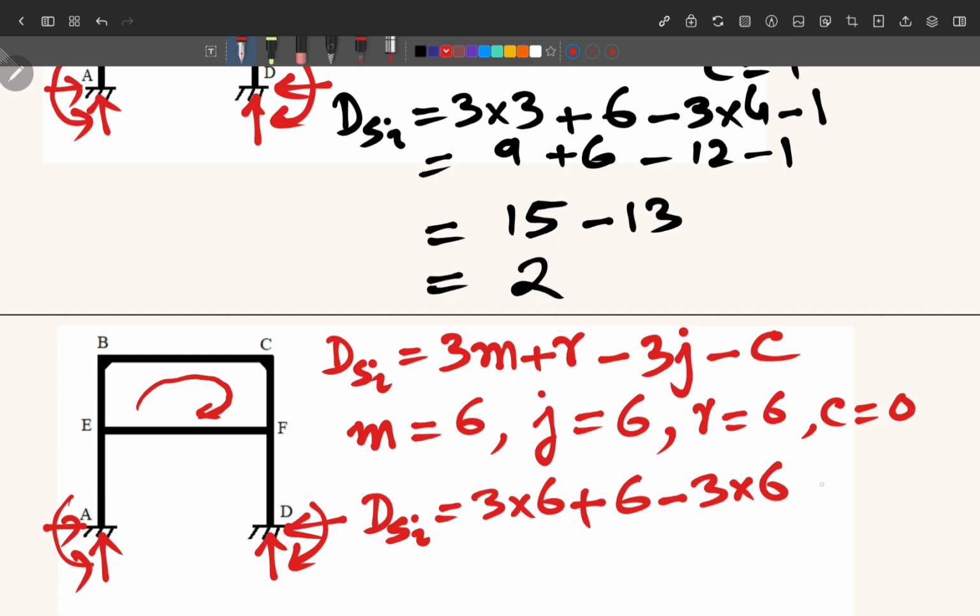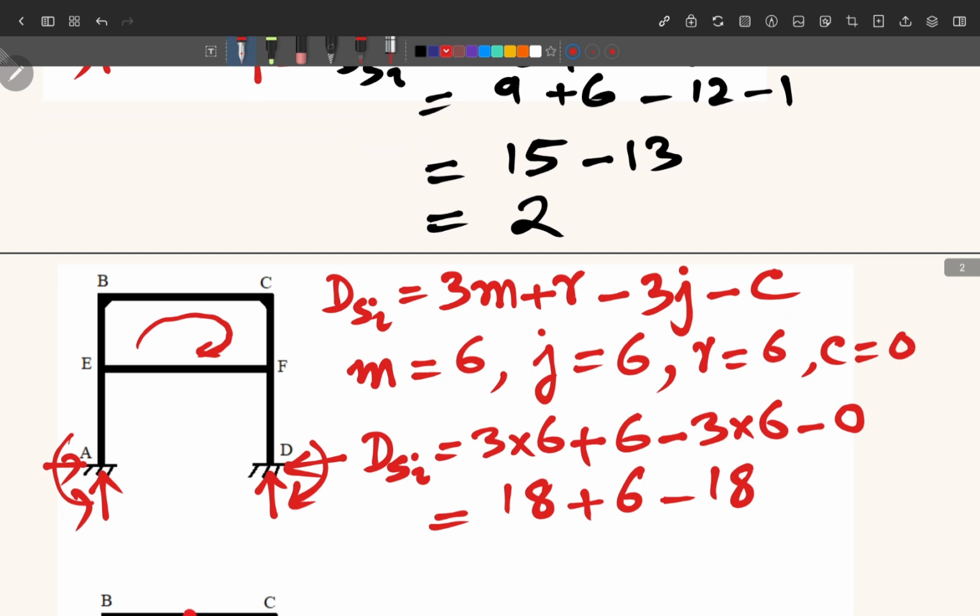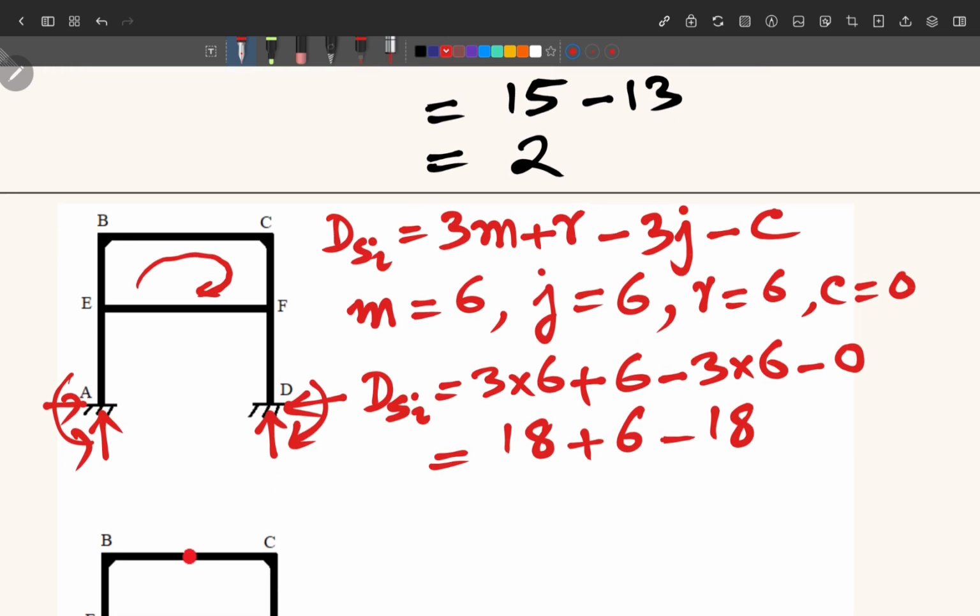J is 6, and then C is equal to 0. So we can quickly calculate this value as 18 plus 6 minus 18, and when we simplify, this will give you the value as 6. So the degree of static indeterminacy of this frame is equal to 6.